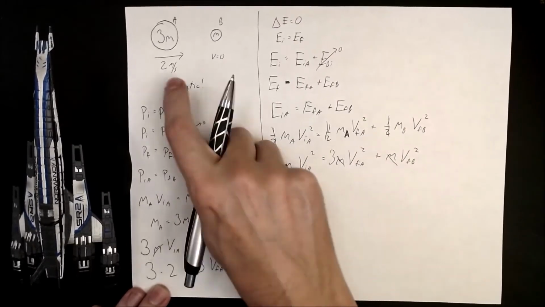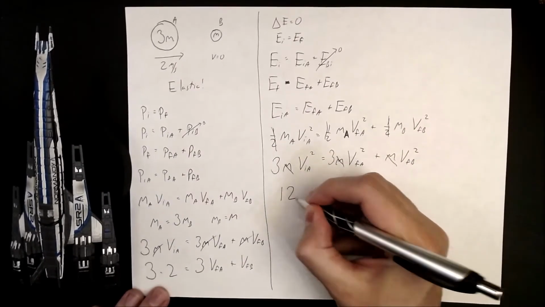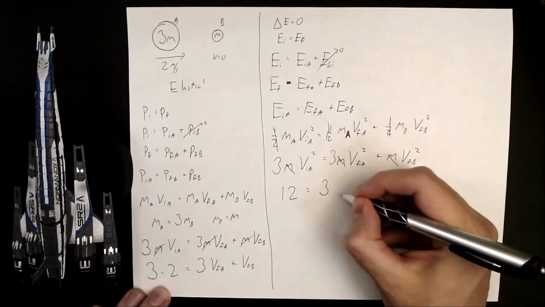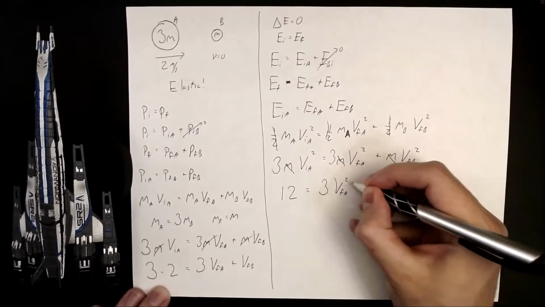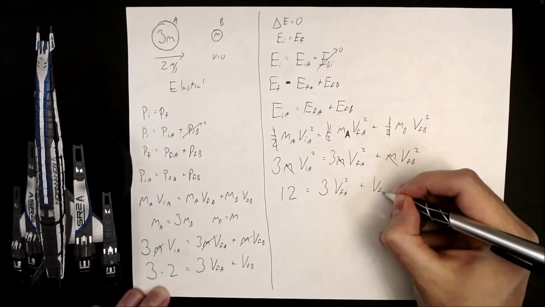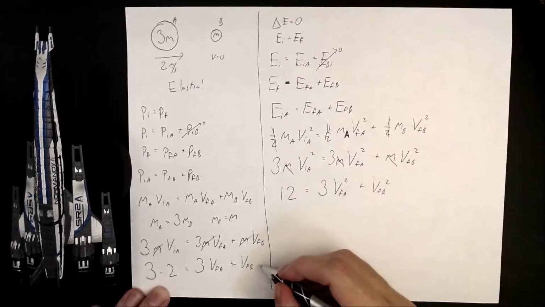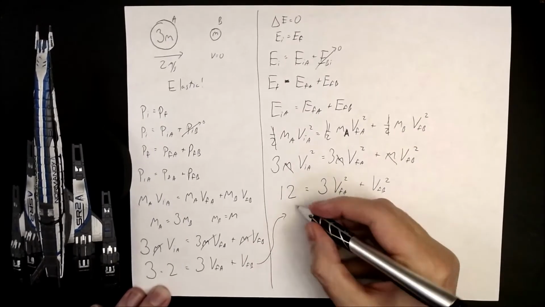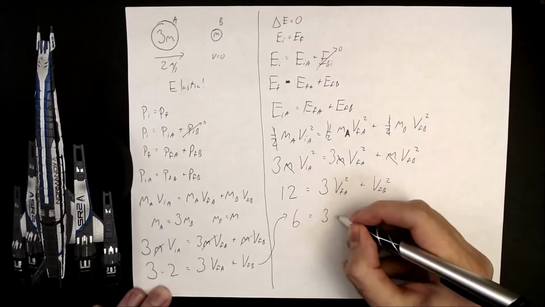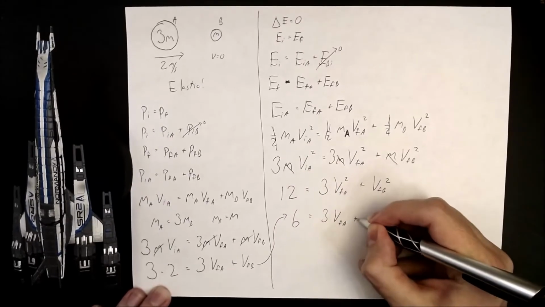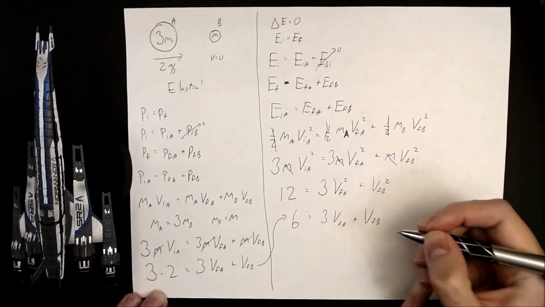So 2 squared is 4. That's going to be 12 is equal to 3 v final A squared plus v final B squared. And with this, we've got 6 is equal to 3 v final A plus v final B.